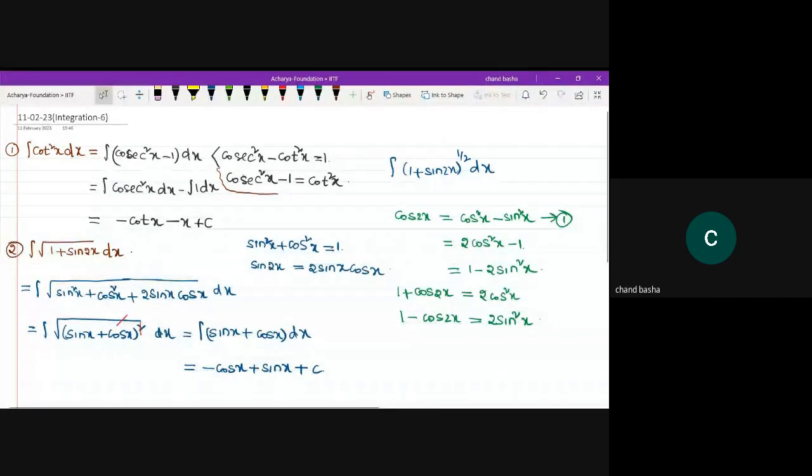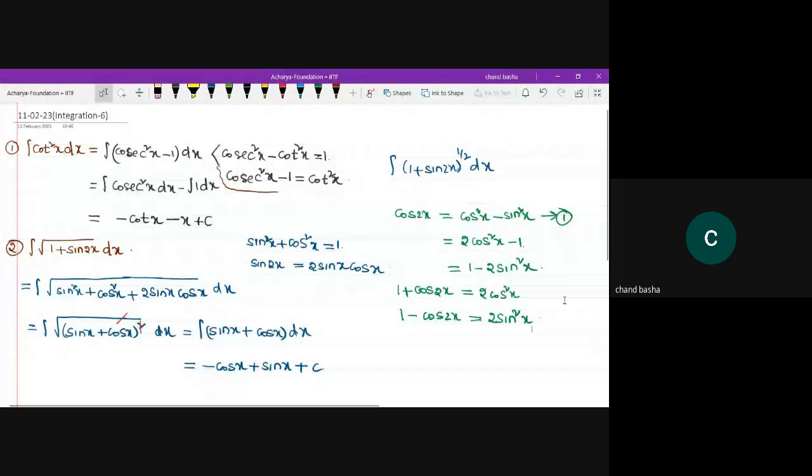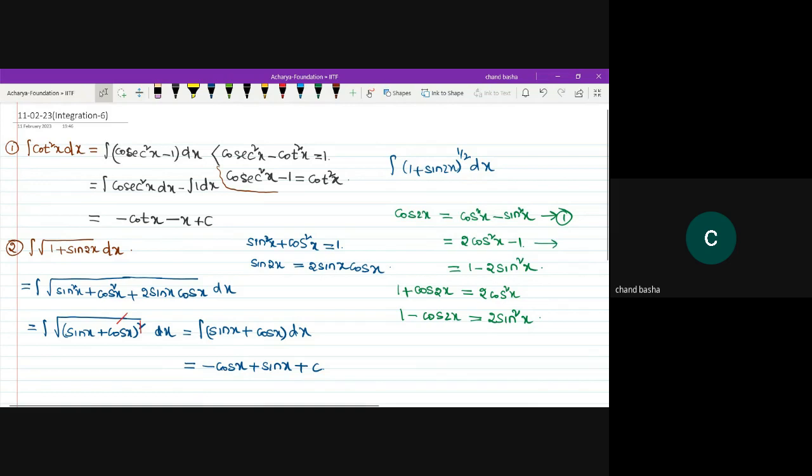So here, these are the trigonometric ratios we have already discussed in trigonometry. From equation number 1, and if I take 2 and 3, you will get the required relations I have deduced here.